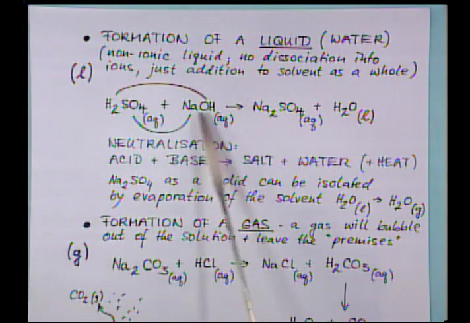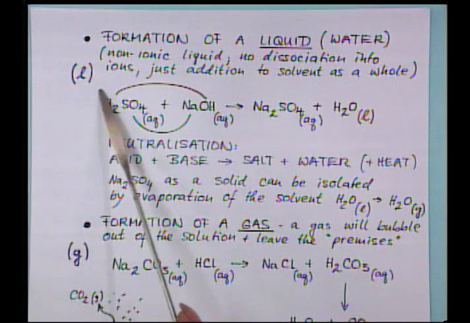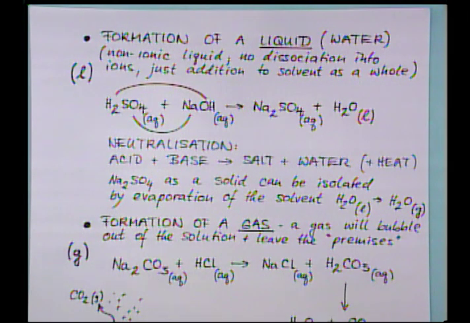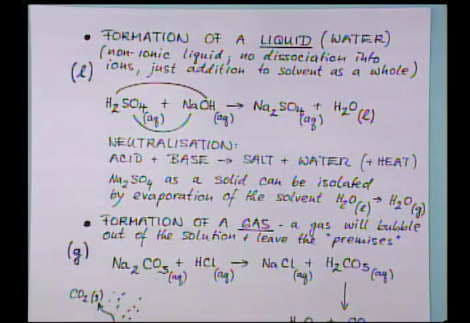So here we do the FOIL again. We take sulfuric acid and sodium hydroxide. So this is an acid-base reaction, and this is based on the Arrhenius definition of acids and bases. That means acids are proton or hydrogen ion donors, and the bases are hydroxide ion donors.